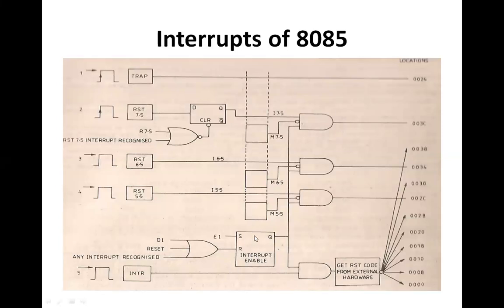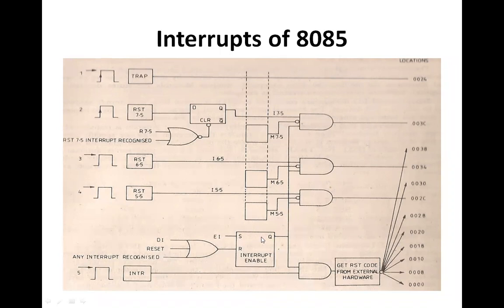This interrupt enable flip-flop can be set, meaning the Q output will be high, if enable interrupt is high. It means it is a must that interrupts must have been enabled. This is a simple RS flip-flop and it can be disabled by three operations: by the DI instruction, by reset, or when any interrupt is recognized. Once any interrupt is recognized, it is going to disable the interrupt.